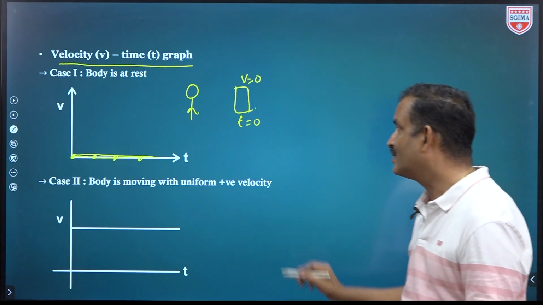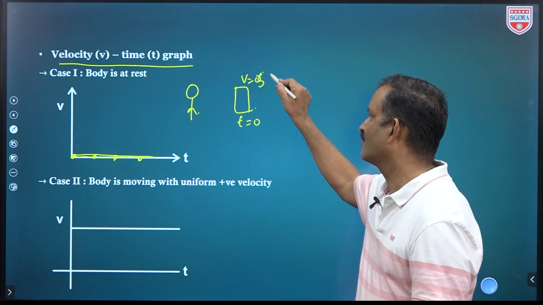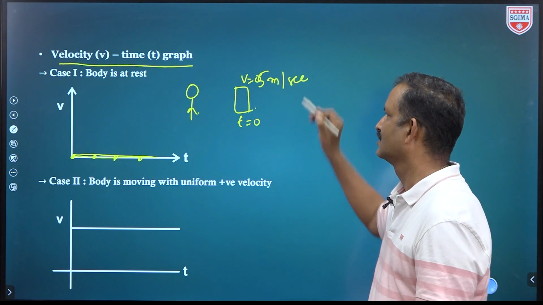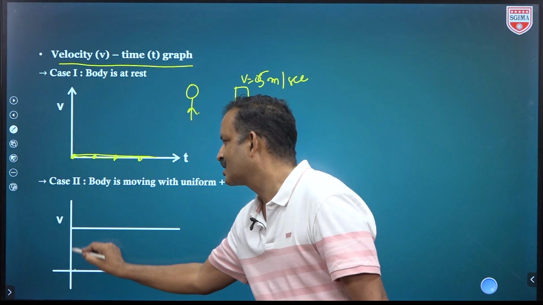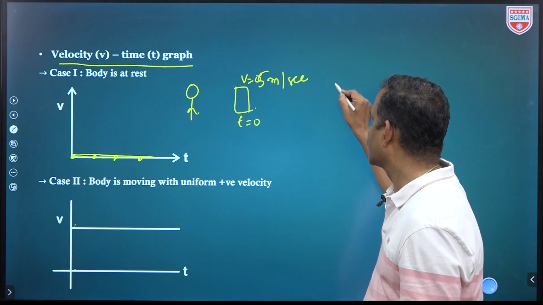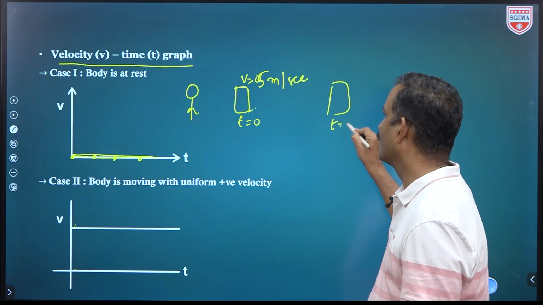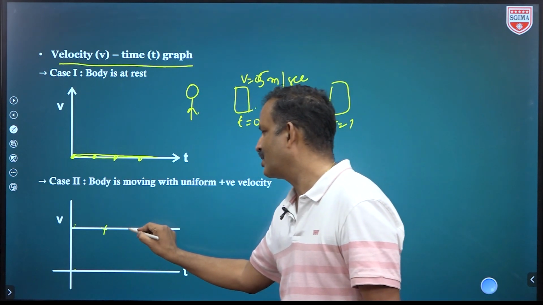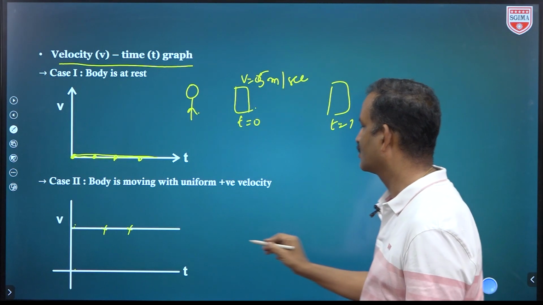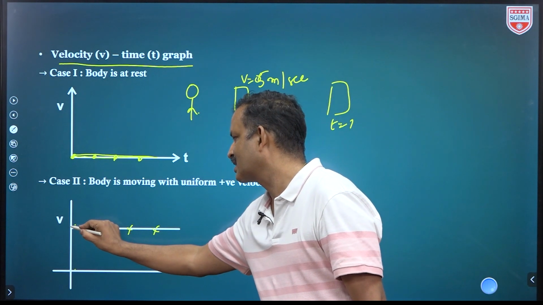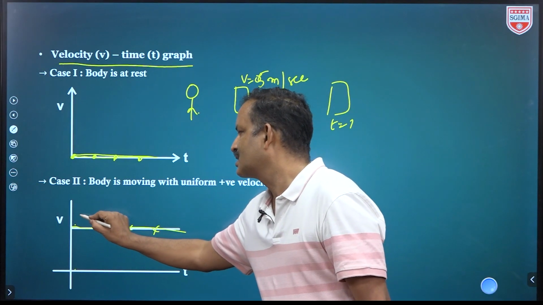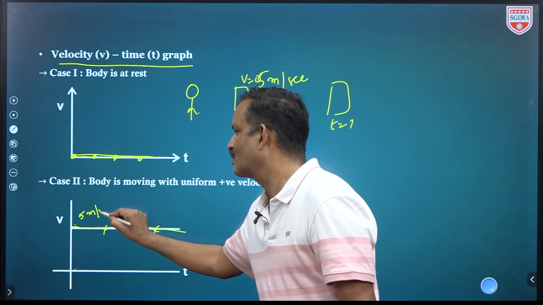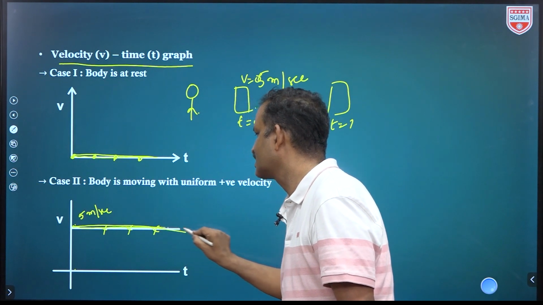Suppose the body is moving with uniform velocity, for example 5 meters per second. At t equal to 0, 5 meters per second. At t equal to 1 second also 5 meters per second, at 2 seconds also, at 10 seconds also. So the velocity time graph is in this way.